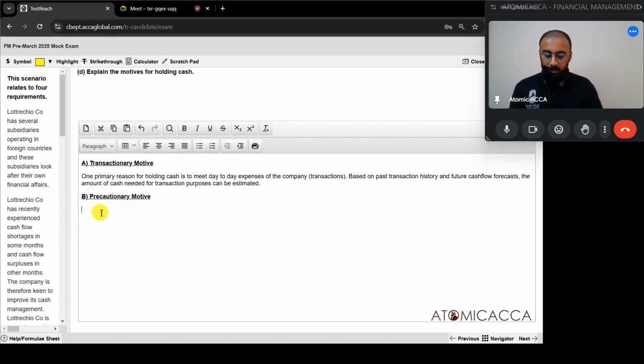So cash balance is also held in the company for company as a precaution for any unexpected events occurring, like emergency. Now how to know what kind of emergency can come up?